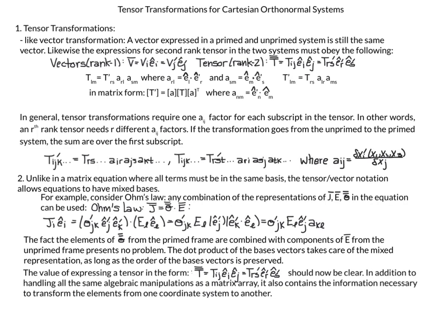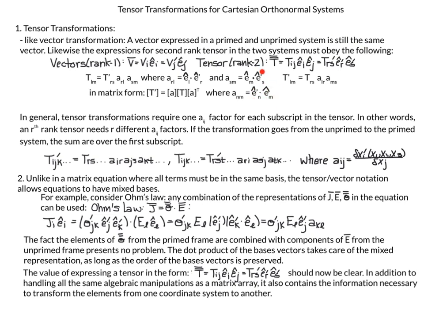To review what we've covered in this video, we went back and reviewed how we transformed vectors, which are tensors of rank 1, from one coordinate system to another. We had this matrix given to us by A sub nm, the nth basis vector in the primed system dotted with the mth basis vector in the unprimed system.